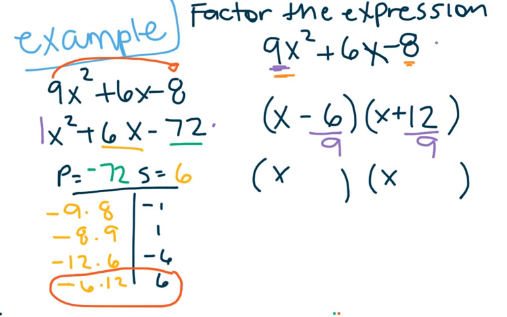Then I'm going to reduce these fractions, and I have my calculator here, so I'm figuring out what -6 divided by 9 is. And I come up with -2/3. And we have +4/3. So as you can see, I reduced these fractions.